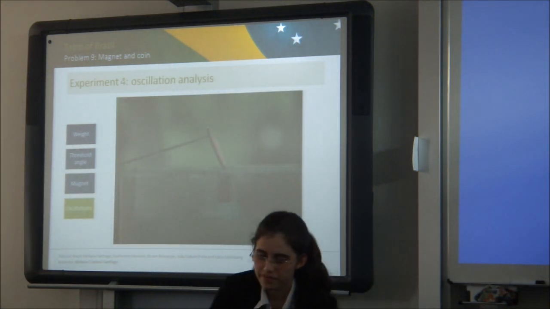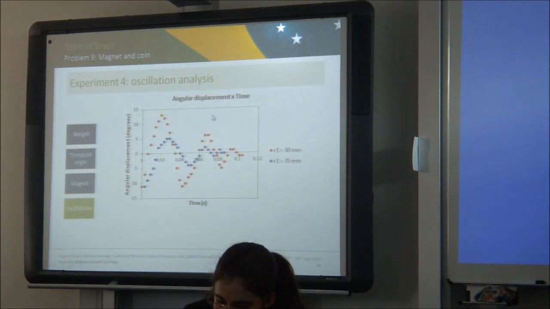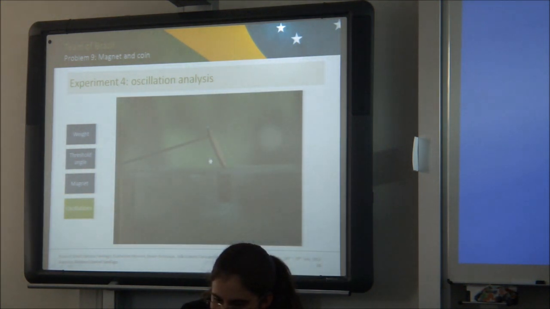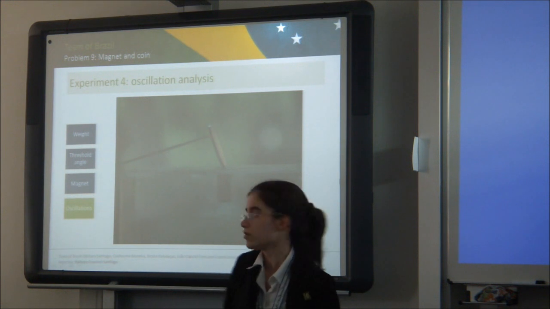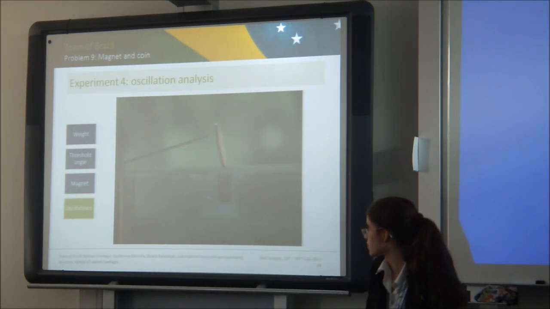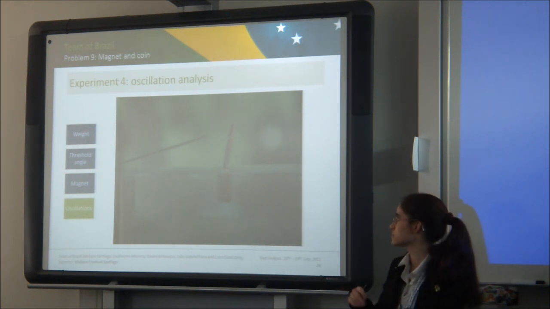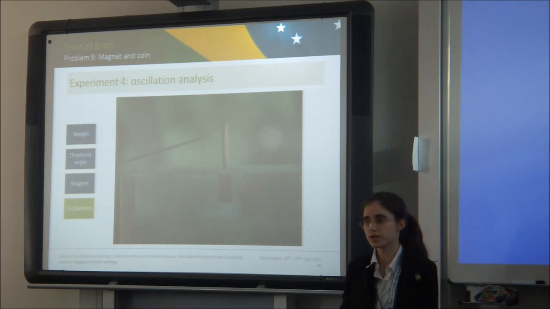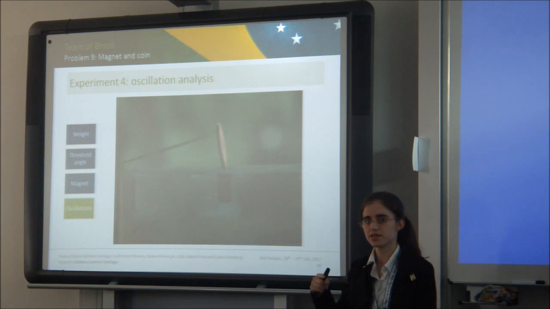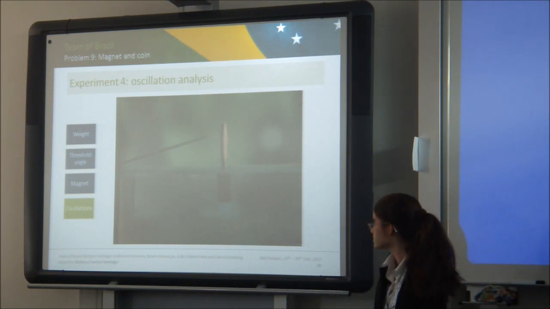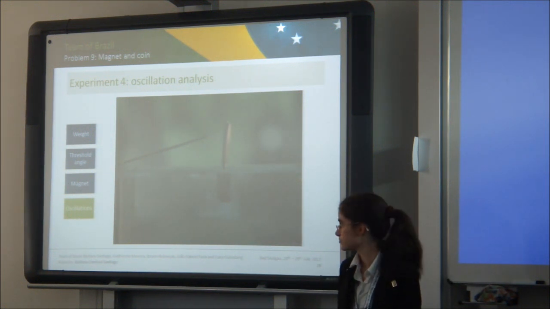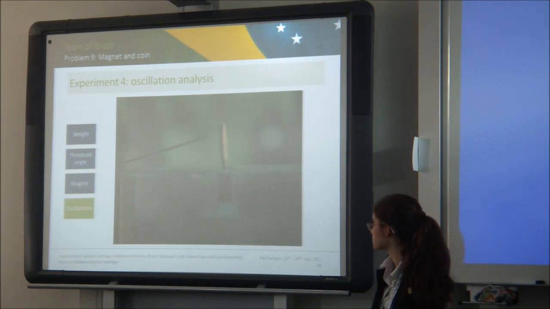Then we made a video with a high-speed camera of 4,000 frames per second, and we could get the angular displacement of the coin with quite good precision to evaluate its oscillations.